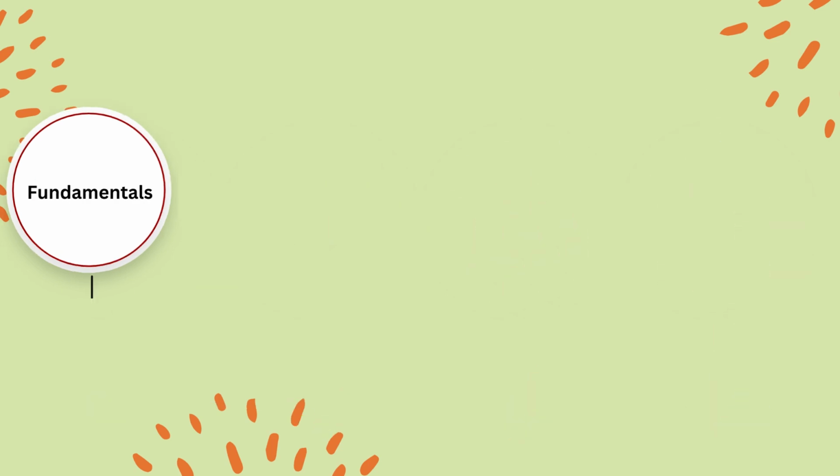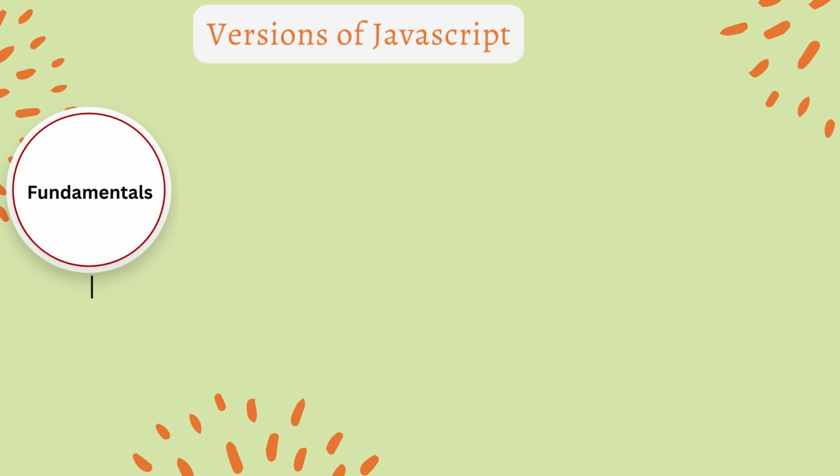In the first step, that is fundamentals. First, we will need to know what are the available versions of JavaScript out there and which version we will use. Basically, we will always use the latest version out there, but we should also know what was previously available. Then we need to know how to run JavaScript and what are the different ways we can run it.